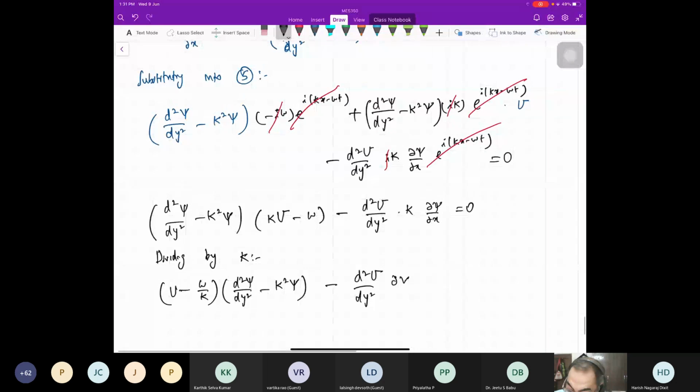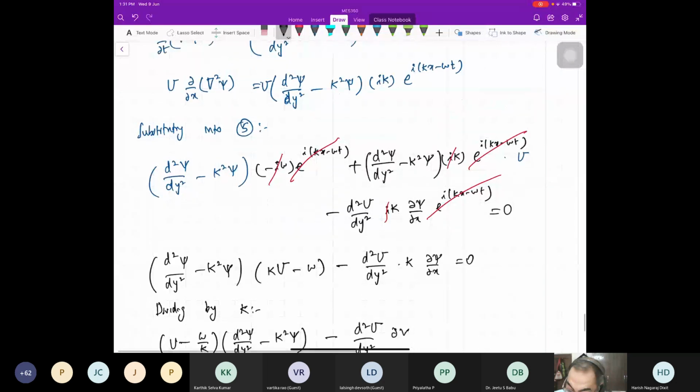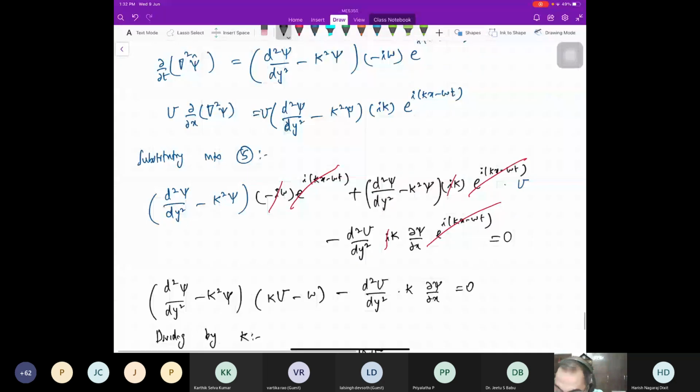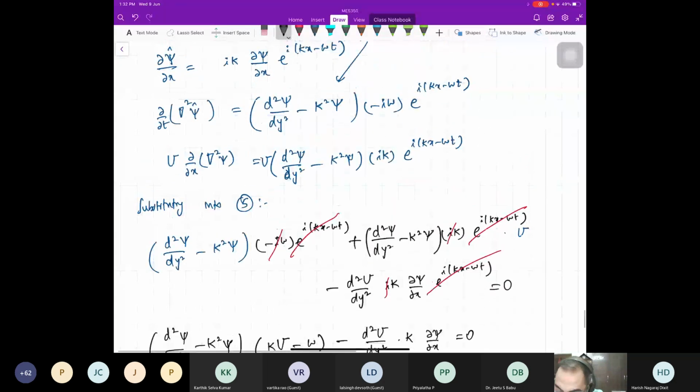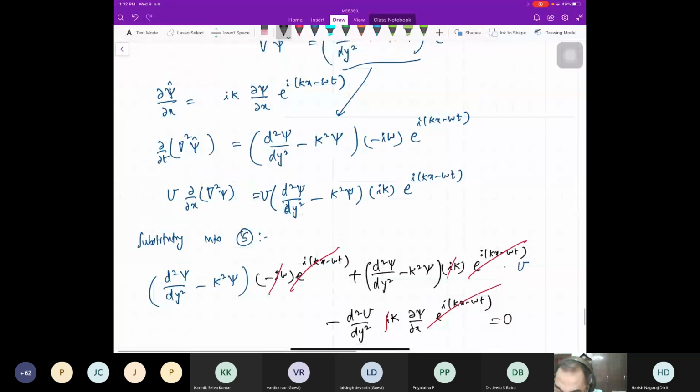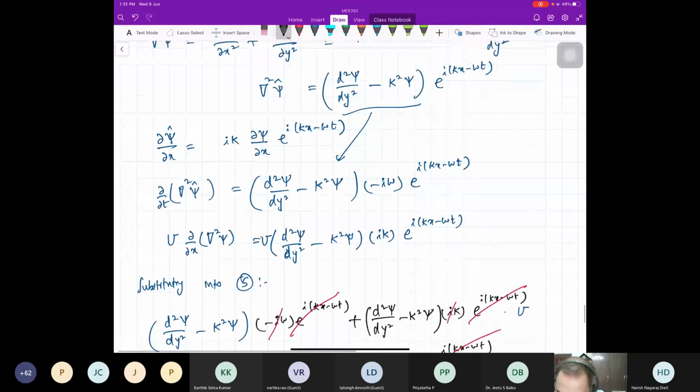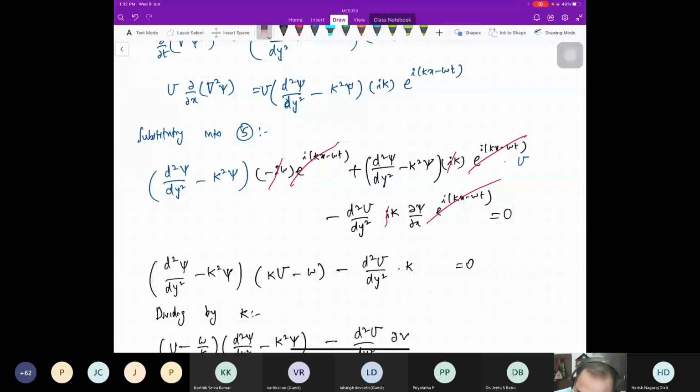There is some mistake I've made here. Del psi by del x should never have come. This should have been just psi. Okay, let's correct this.